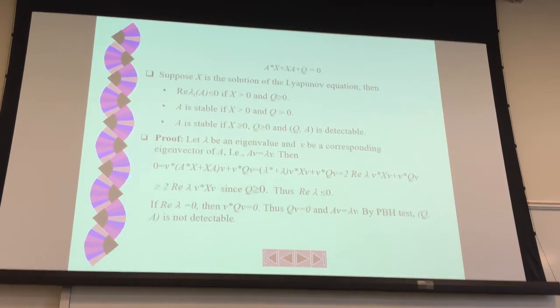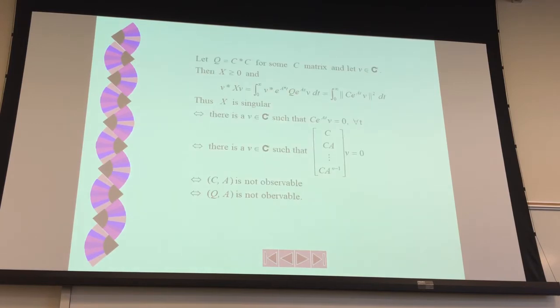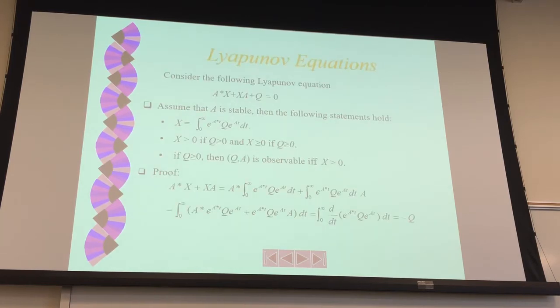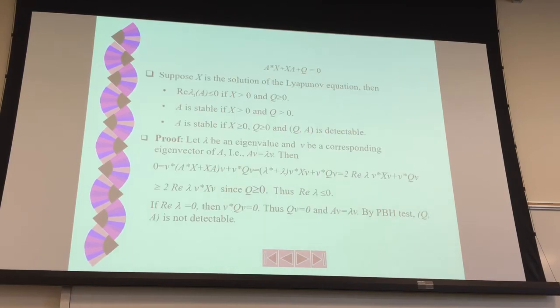Make sense? So be careful. That's why we need another condition to add here: make (Q, A) observable. Here they add (Q, A) detectable.